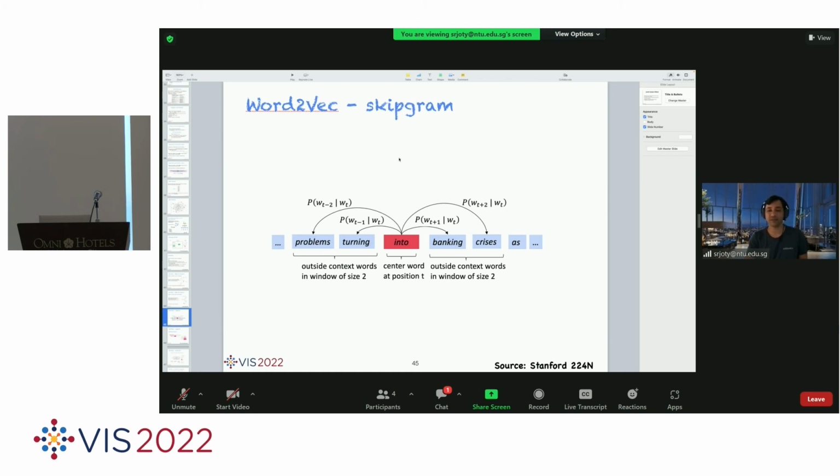We are essentially defining a probability distribution for each of the neighboring words in the context.